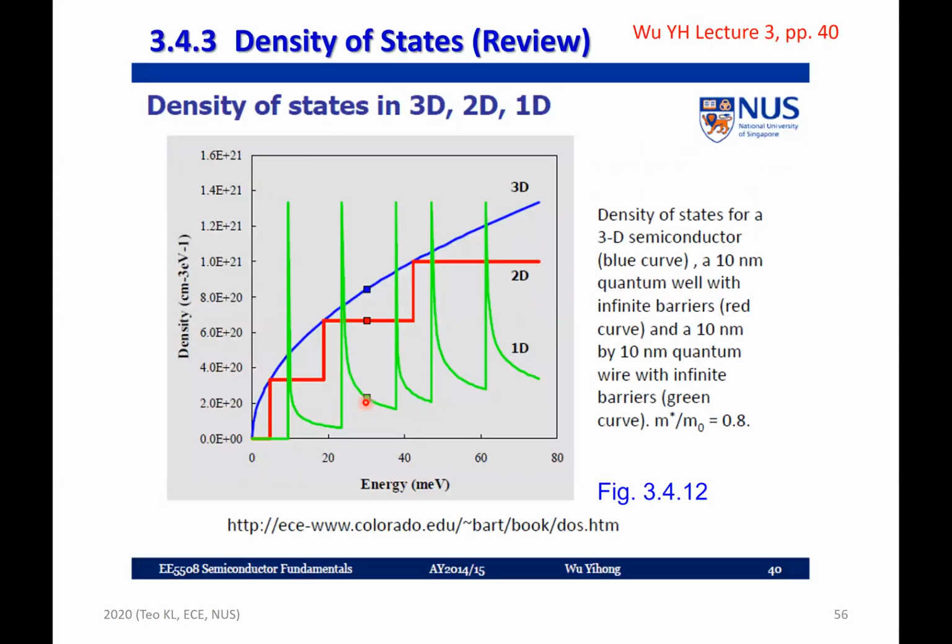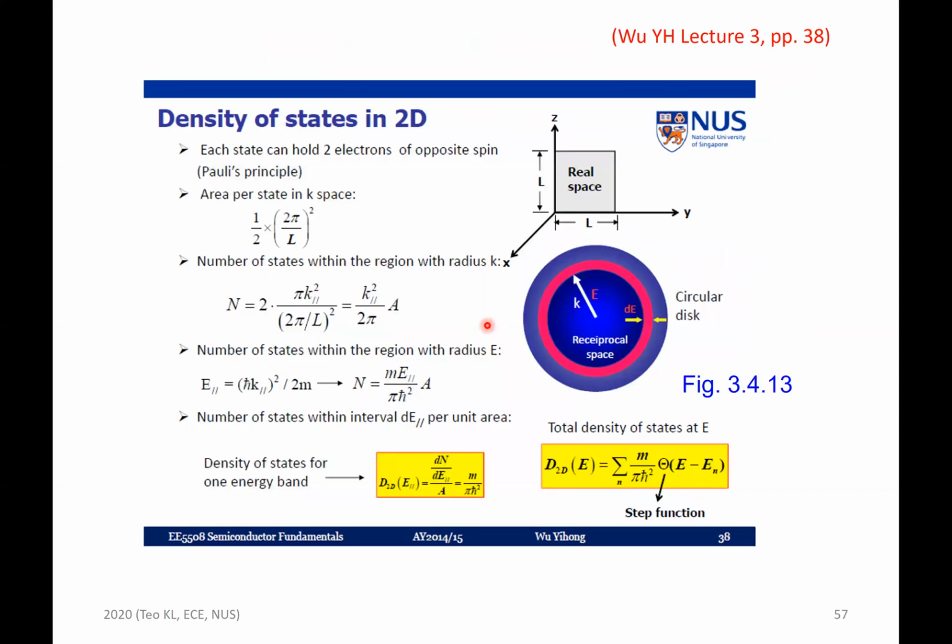Now, the density of states in the three-dimensional case, two-dimensional case, and one-dimensional case have been discussed in the previous course, so I do not want to go into the details again. But basically the 3D case grows with a square root dependence on the energy, 2D is a step function, and 1D goes like 1 over square root of E. And this is the density of states in the two-dimensional case.